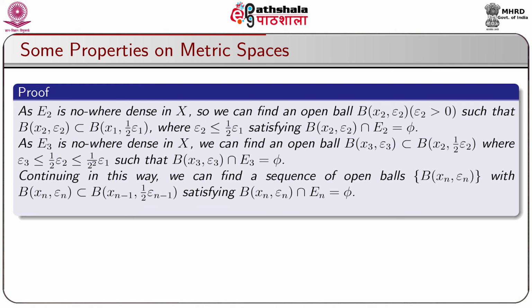Proceeding in this way, we can find a sequence of open balls B(xn, epsilon n), where epsilon n is a positive real, with B(xn, epsilon n) subset of B(xn minus 1, half epsilon n minus 1), satisfying B(xn, epsilon n) intersection En is equal to phi.